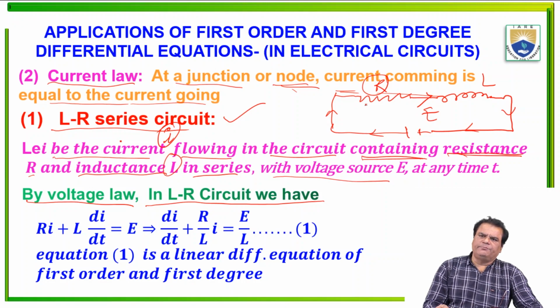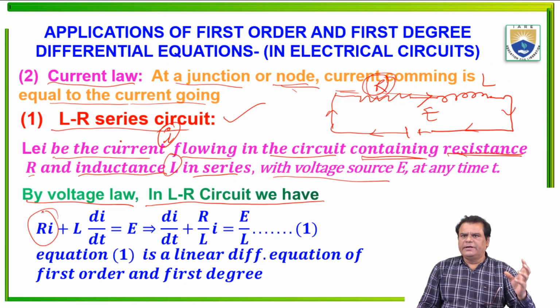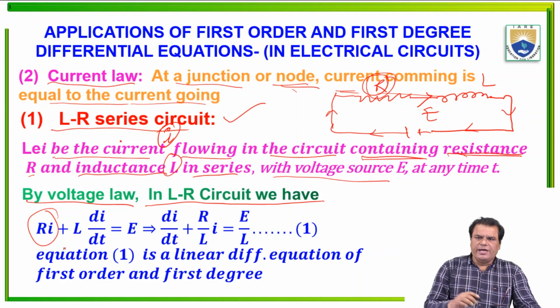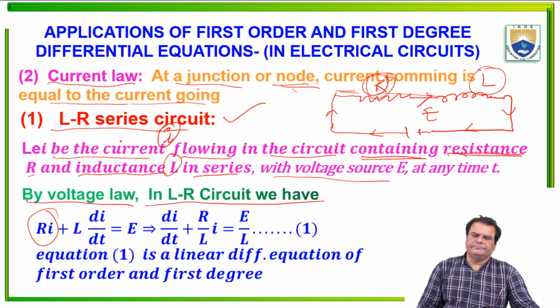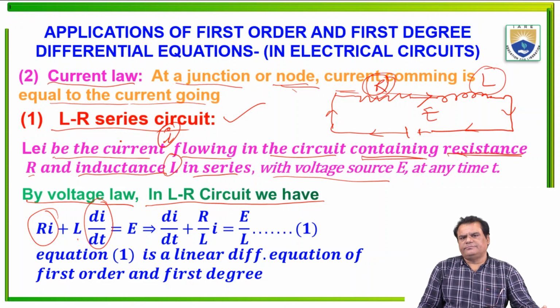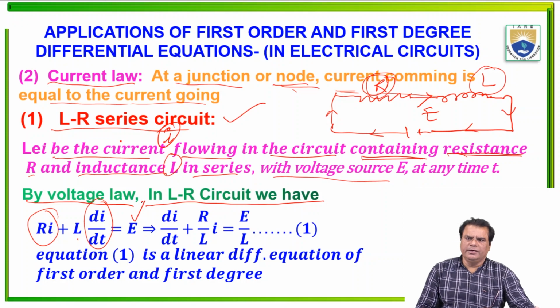Then the voltage drop around the circuit containing resistance and inductance in series: the current I flows through resistance R, so by the voltage law we write Ri, R multiplied by I. Plus the same current I flowing through inductance L, so we write plus L di over dt, L times the rate of change of current, equal to E, the electromotive force.